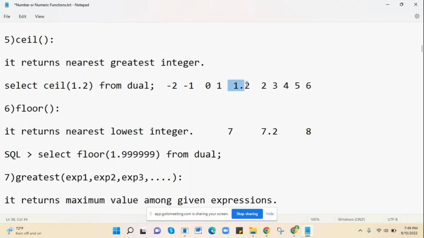But what is the nearest to 1.2? 1 and 2. అందులో గ్రేటెస్ట్ ఏంటి, 1 or 2? 2 is the greatest. Here in the floor, nearest lowest integer, 7.2 ఉంది. 8 and 7 both are nearest integer. అందులో lowest ఏంటి, 7.